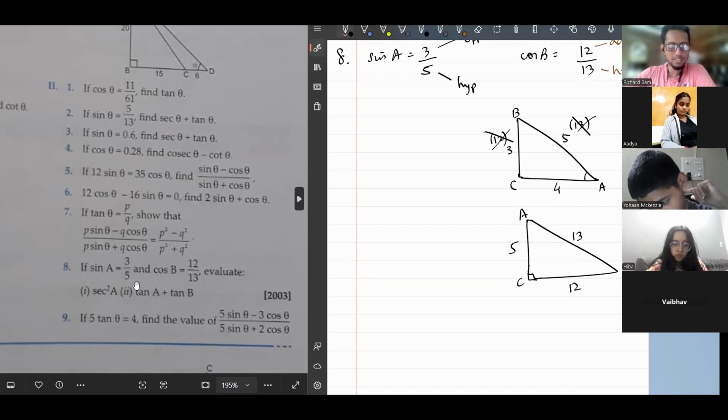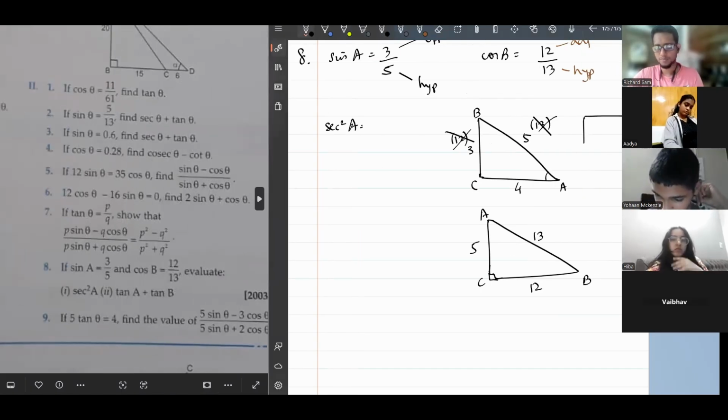Now evaluate sec square A. What is the sec formula? Tell me. Hypotenuse upon adjacent.